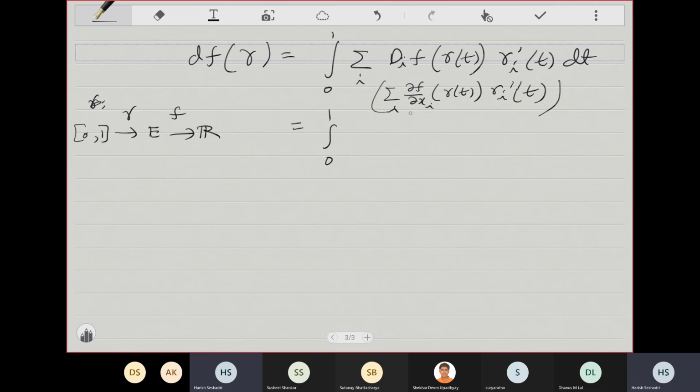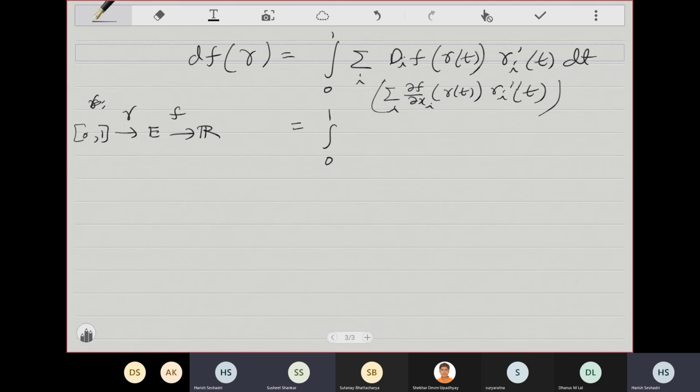Now, what is this summation? What is the sum inside the brackets? Is there a short way of expressing that? The derivative of the composition.